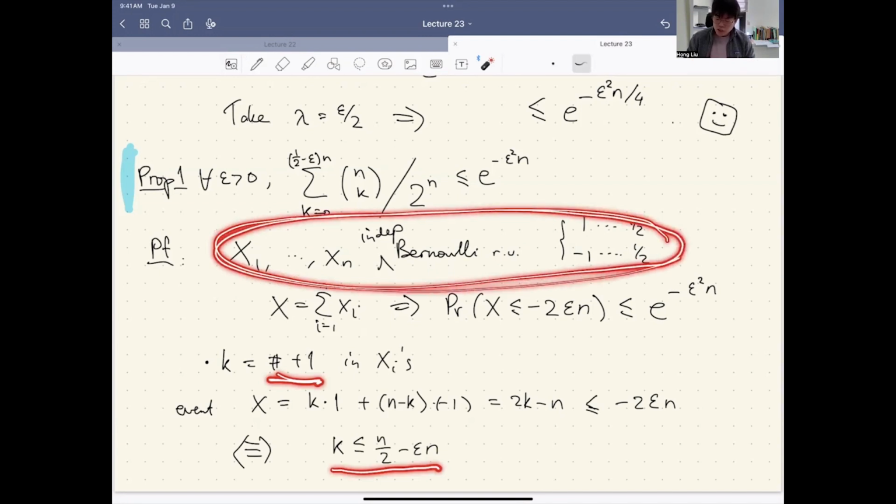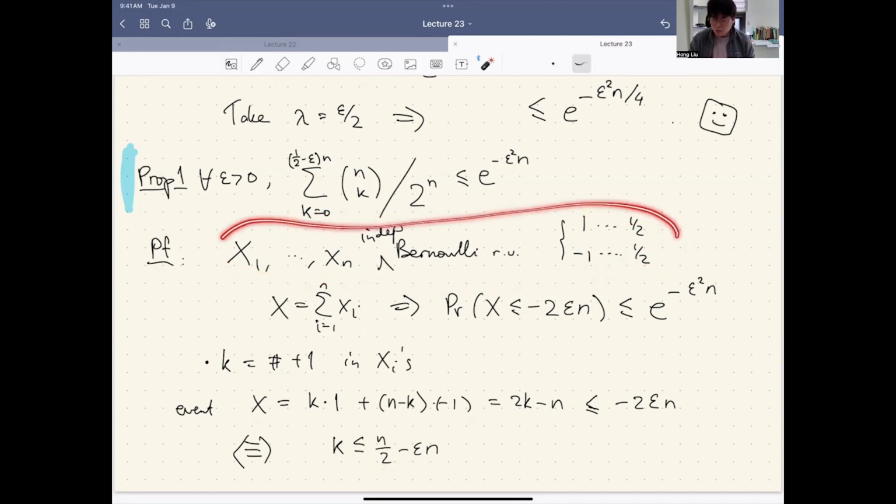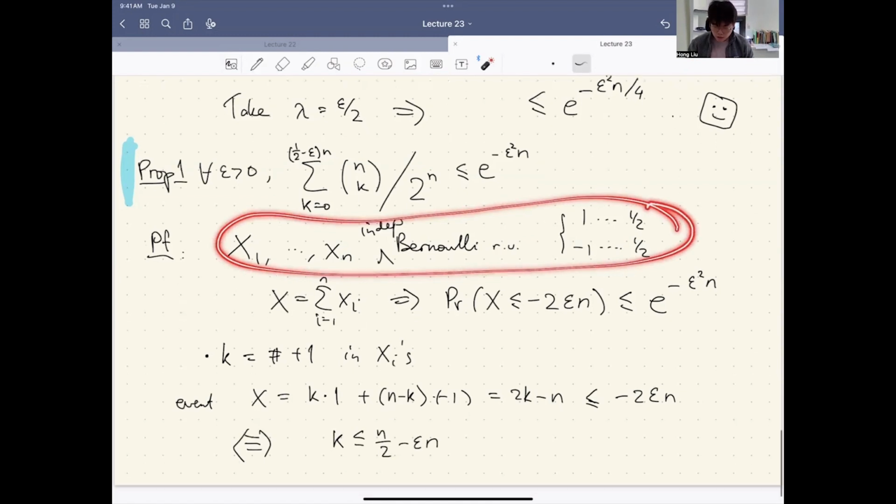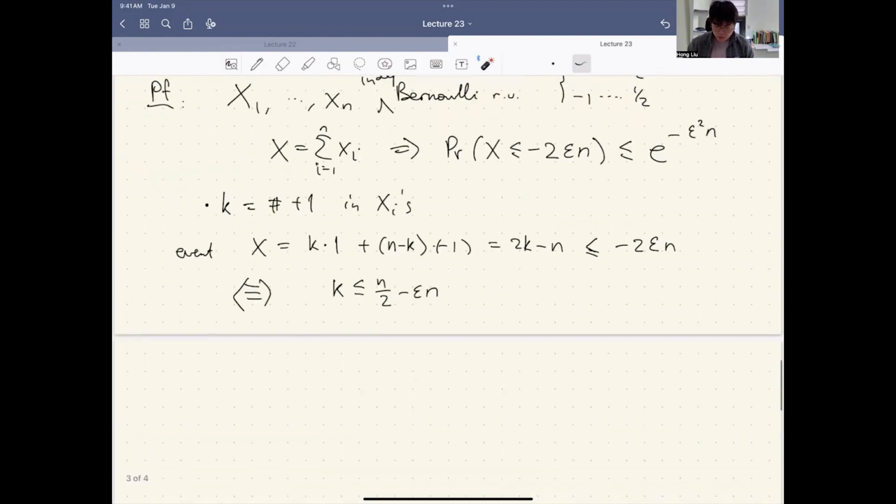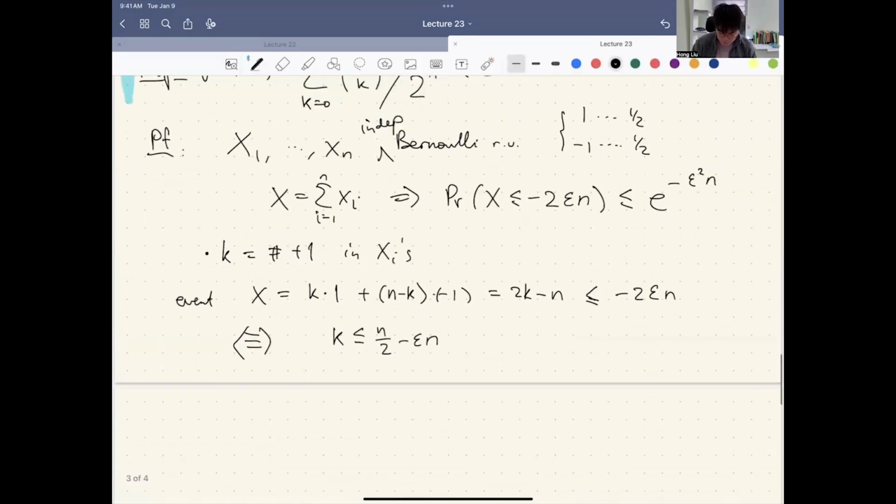You can associate these as taking a subset of n, and each subset is chosen uniformly. So each outcome of xi, you can associate to subsets one-to-one correspondent to n, right?